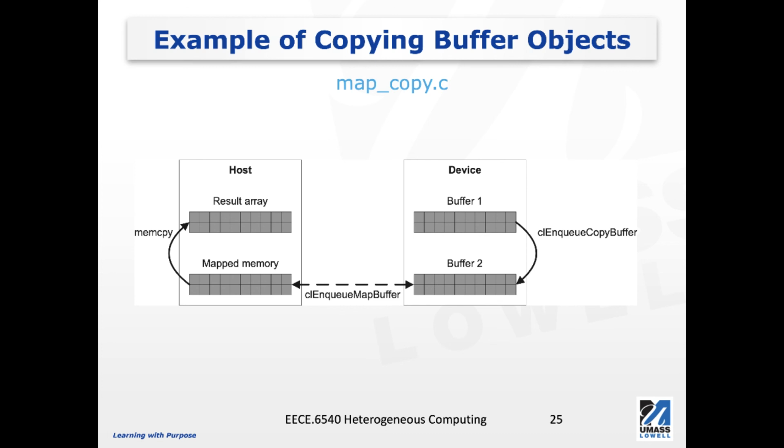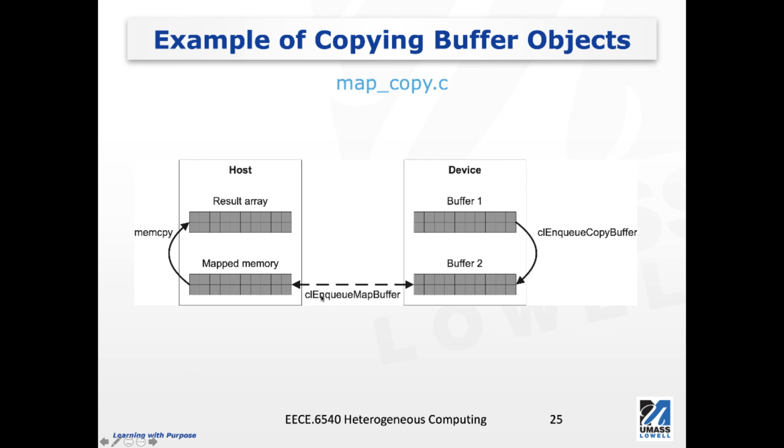This illustrates the copying of buffer objects. Here we have a host and a device. On the device side, we have two buffers. These are the buffer objects allocated. We can use CL enqueue copy buffer to copy the data from one buffer to another buffer.